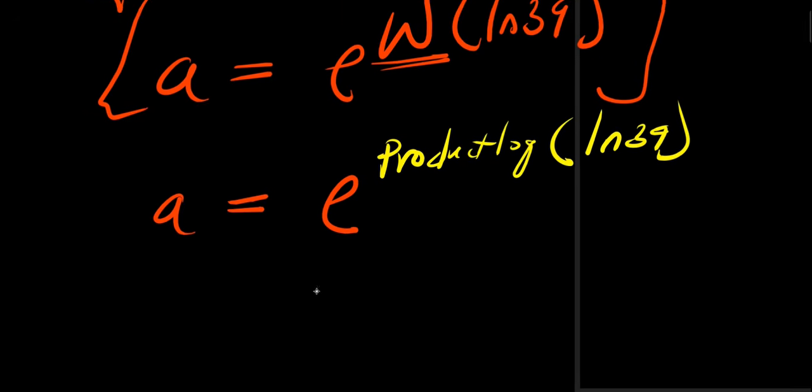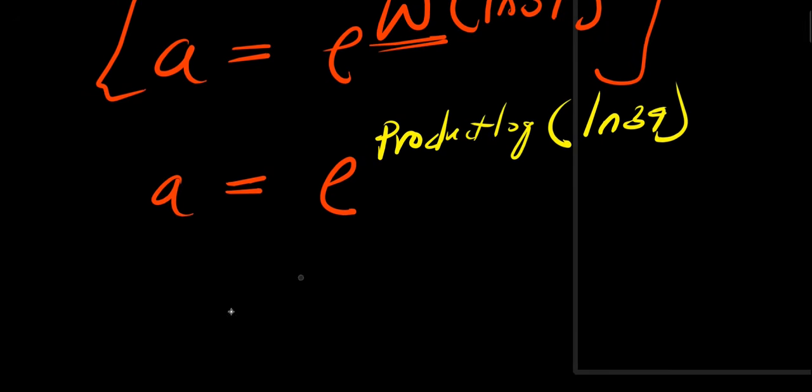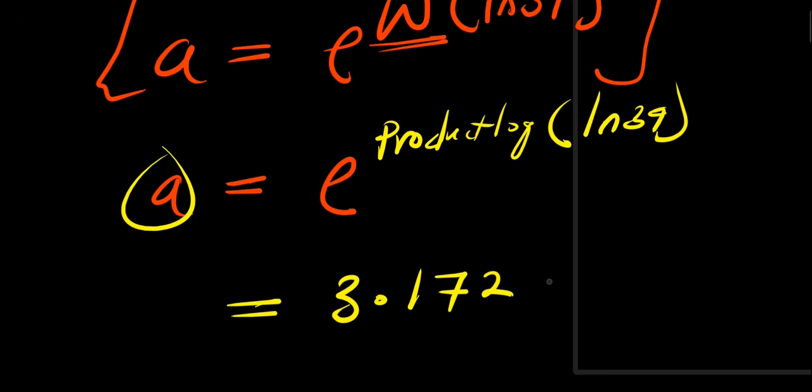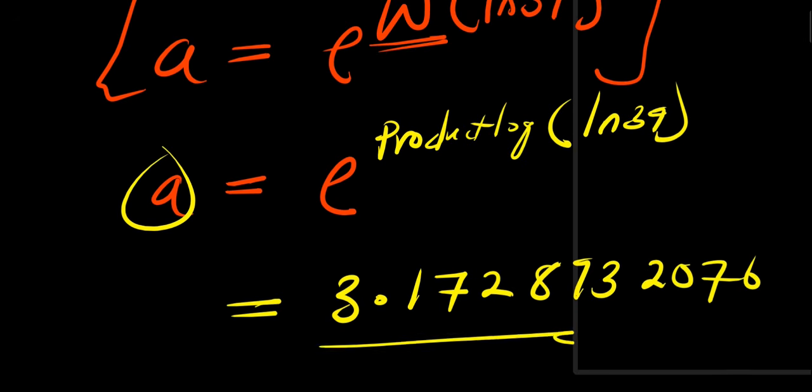Once you type this into your calculator, you are going to have some values, and what you likely have from what I've done so far is 3.172, then you have 893, then you have 276. These are the values that will come out after inserting this into your calculator.